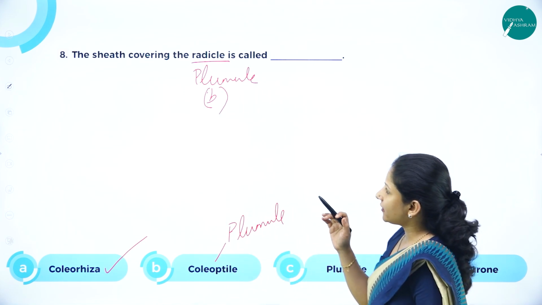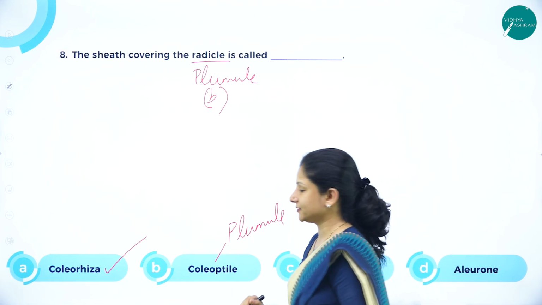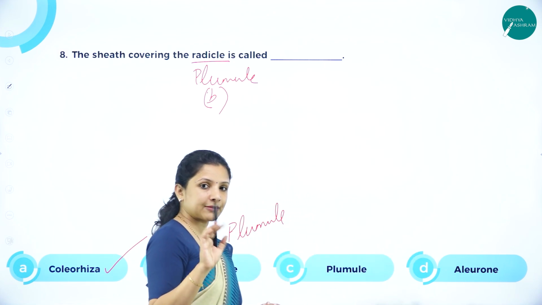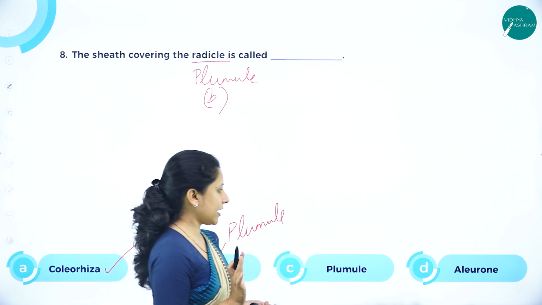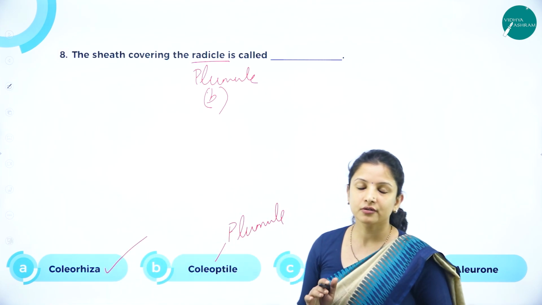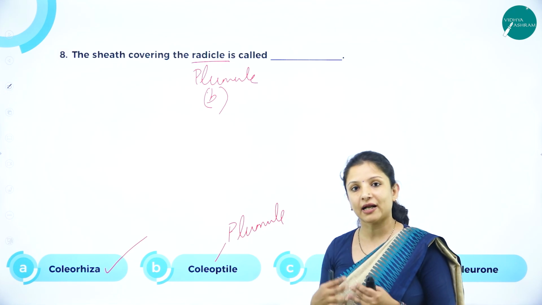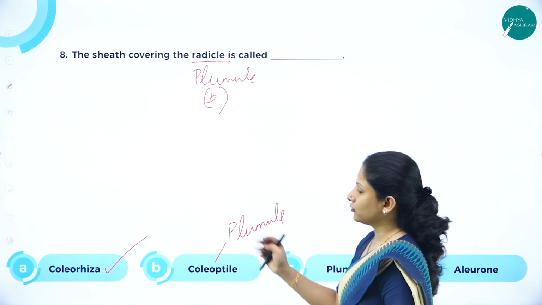But the question I have put here is the sheath covering the radicle, it's coleorhiza. It's not plumule, it's not aleurone. Aleurone is the layer that separates the endosperm from the embryo. They can also ask which is the proteinaceous layer in the monocot. That is also aleurone. Here, the sheath covering the radicle is called coleorhiza.